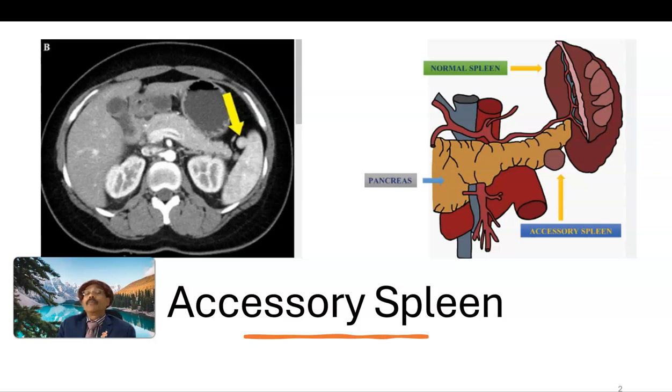It may be even in the spermatic cord, and very, very rarely in the scrotum, close to the testis. By CT scan, we can easily pick up the accessory spleen. We can use ultrasonography also.